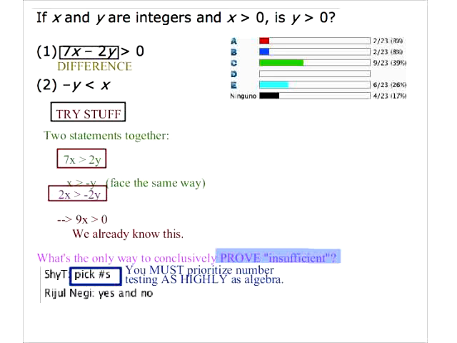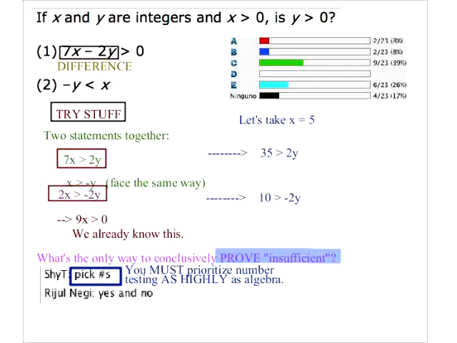Well, 7x is greater than 2y. So let's just let x be some random positive number, like 5. This equation gives us 35 is greater than 2y, and this equation gives us 10 is greater than negative 2y.